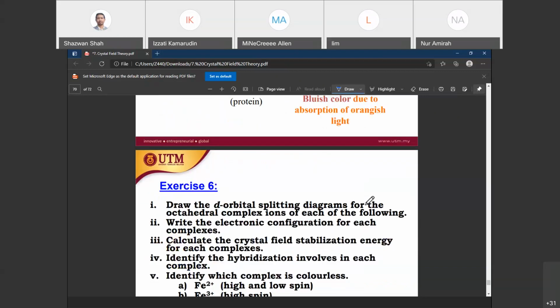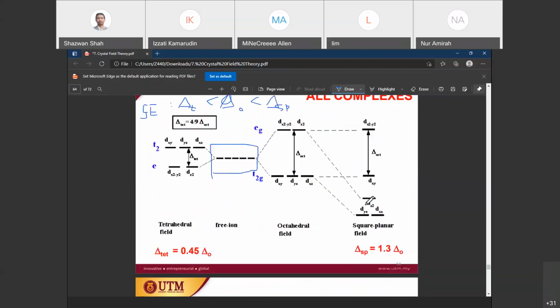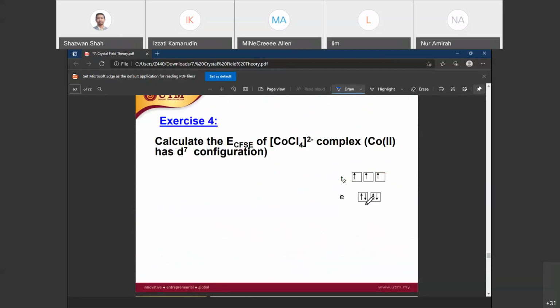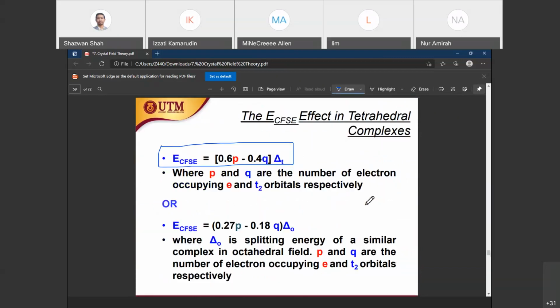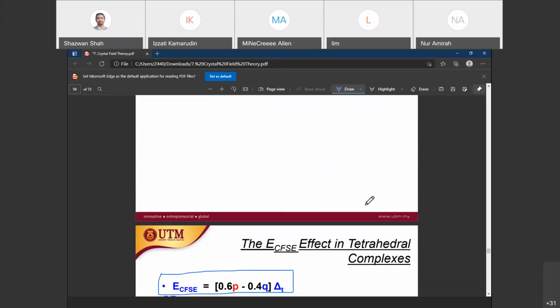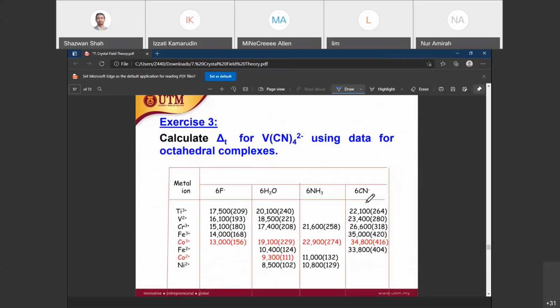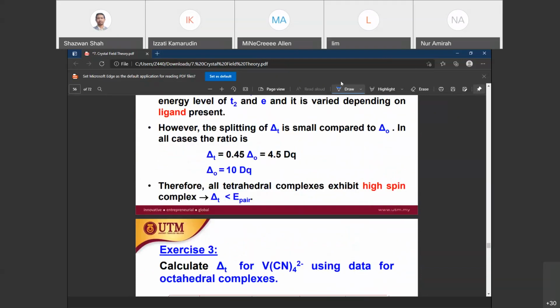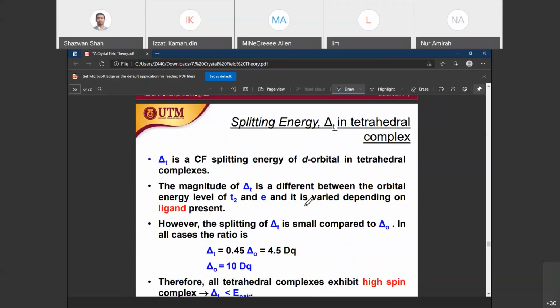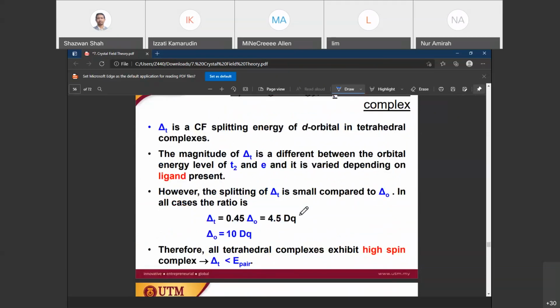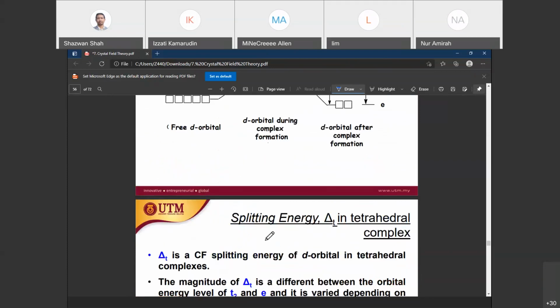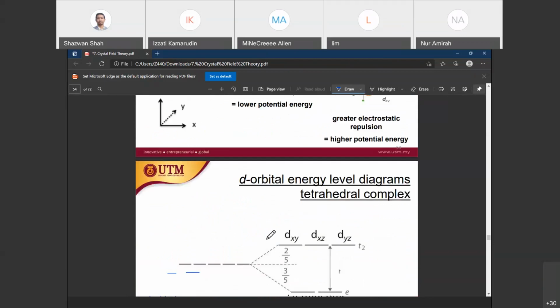So what is the unit of crystal field stabilization energy? Energy. Sometimes it depends on the question what they give you in the formula. They can give you, for example, dq, or they can give you kilojoule or kilojoule per mole.